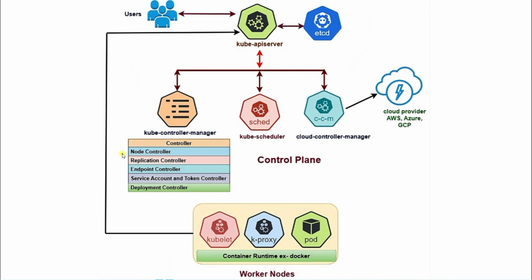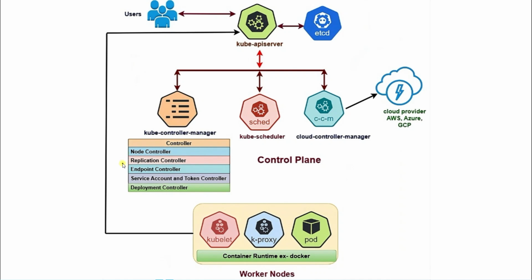I have specified a few names here, like node controller, replication controller, endpoint controllers, service account and token controller, deployment controller. There are many other controllers as well, which I have not specified here, and each controller has its own job or task. For example, the node controller manages all the worker nodes.